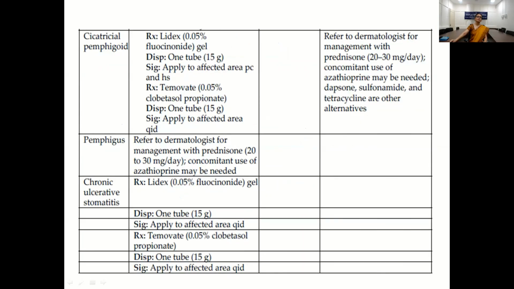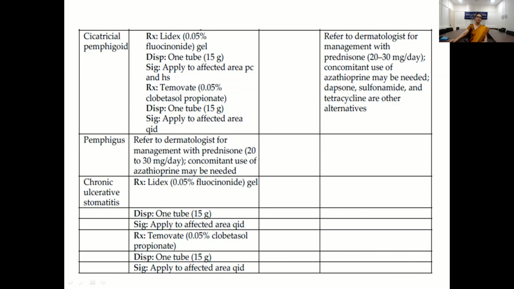In cicatricial pemphigoid, Lidex 0.05% fluocinonide gel, you can give Temovate, that is 0.05% clobetasol propionate. Now, in cicatricial pemphigoid, along with prednisone, that is 20 to 30 milligram per day, the immunosuppressant azathioprine is also given by dermatologists for the treatment of desquamative gingivitis.